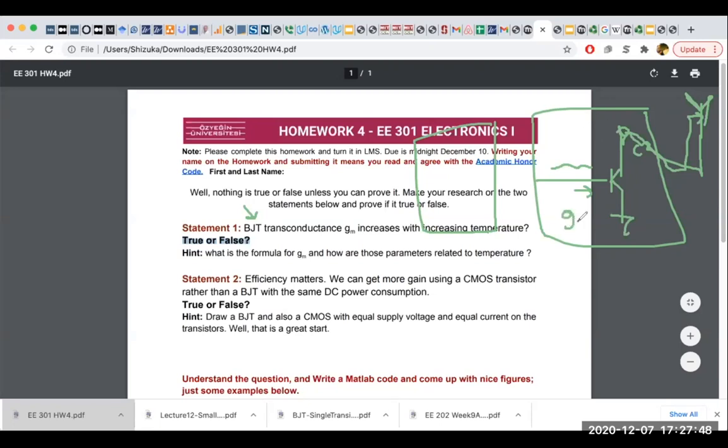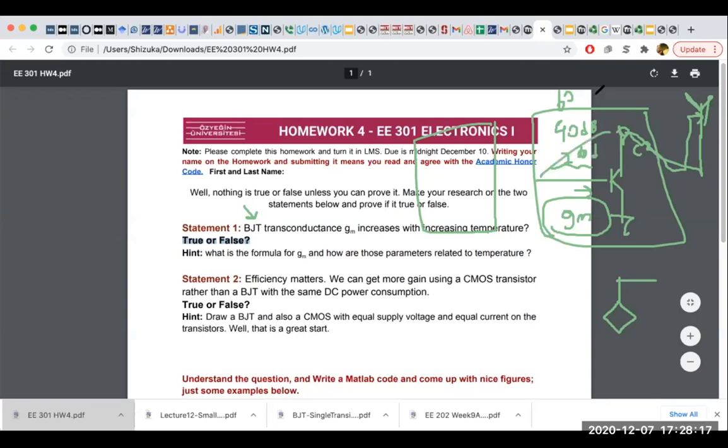Because GM changes, which means your small signal model changes, not the model but that parameter changes. And your amplification factor changes. So instead of getting 40 dB gain, in a hot temperature are you getting 60 dB or 20 dB? And we don't want this change.